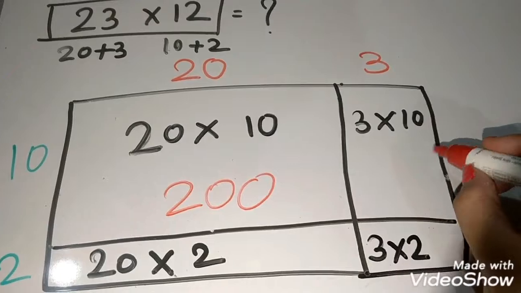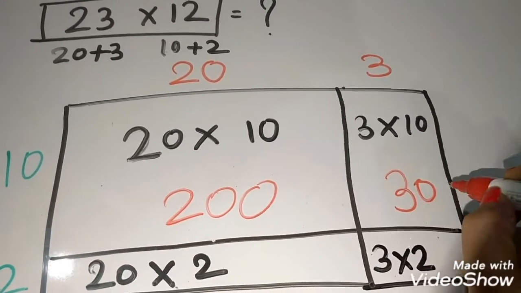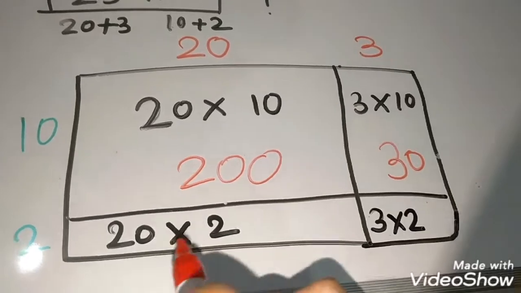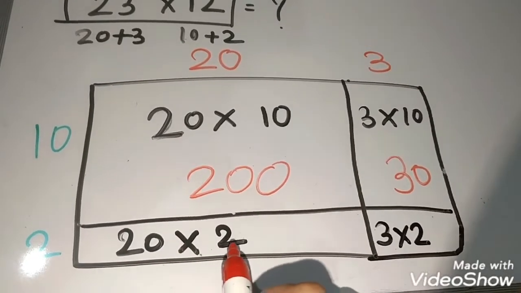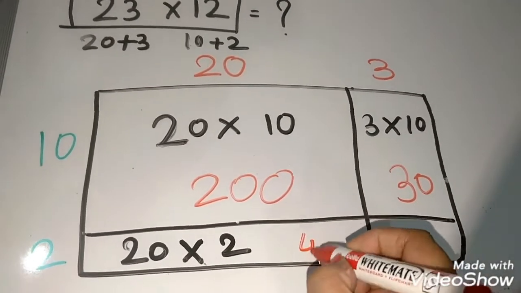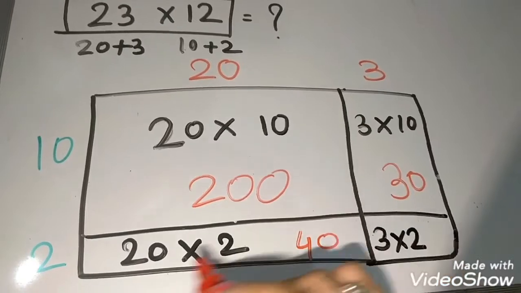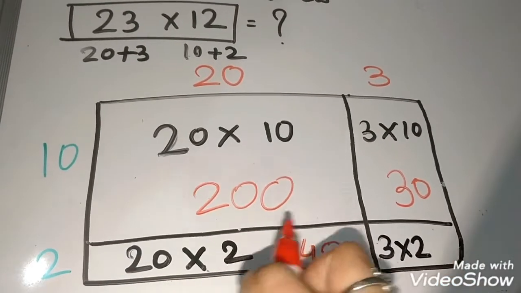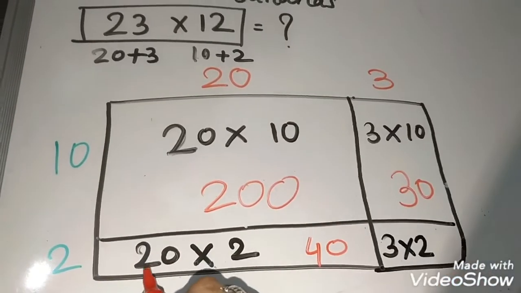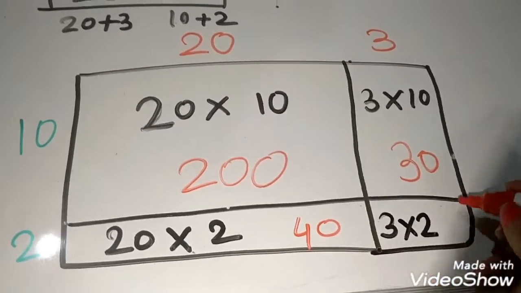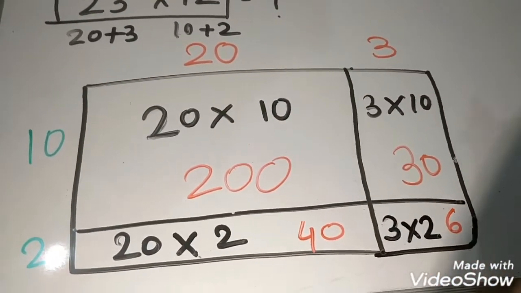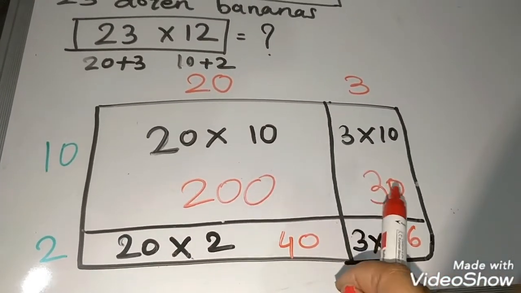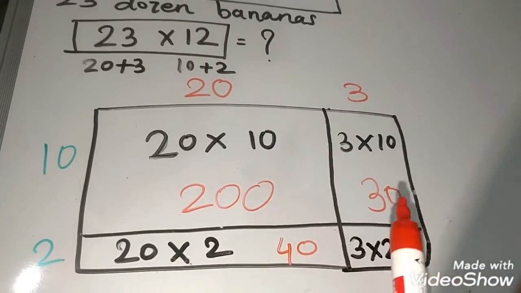We all know 3 tens are 30. Then 20 times 2. We can do it this way also: 2 twos are 4 and 0. Or you can do it this way also: 20 twos are 40. Double of 20 is 40. 3 twos are 6. So here we have got the answers 200, 30, 40 and 6.